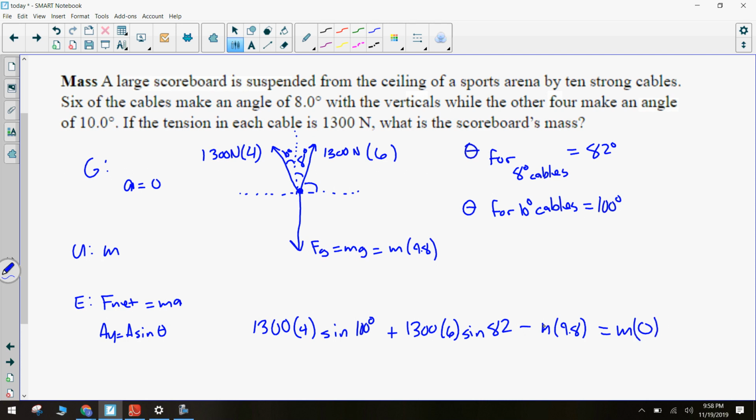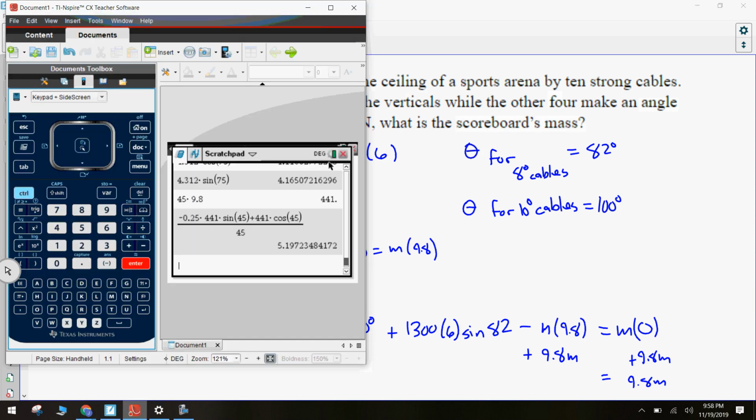All right? I'm solving for m, so I got to get that on a side of its own. So I'm going to add 9.8 m to both sides. Okay, so I got 9.8 m over here on the right side, and I've got this whole ugly thing on the left side still. So before I rewrite it, since it's the only term on the left side, I'm just going to go ahead and put it in the calculator and simplify it.